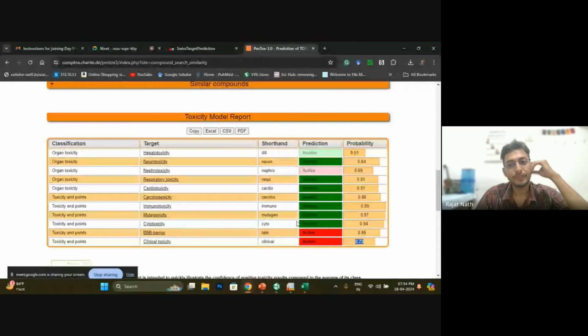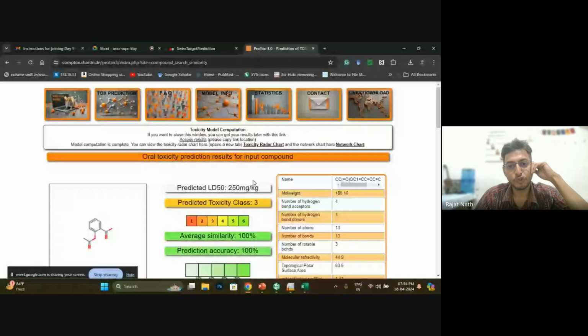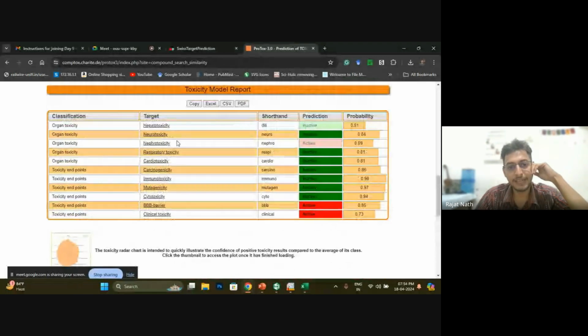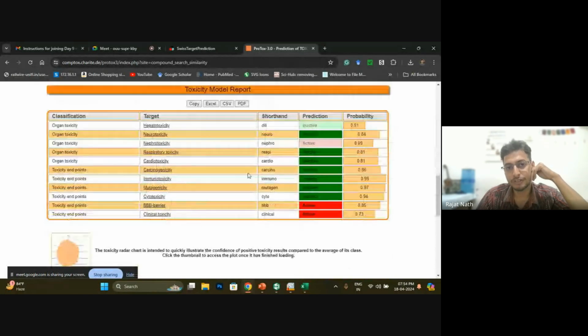So if your dose is 250 mg per kg or more, there is a chance of nephrotoxicity, blood-brain barrier toxicity, and clinical toxicity. So now you have to go for further studies and you have to limit the dose to overcome those toxicities of your compound.